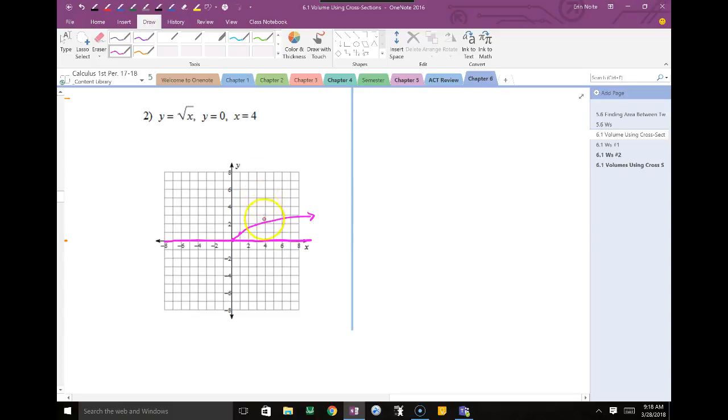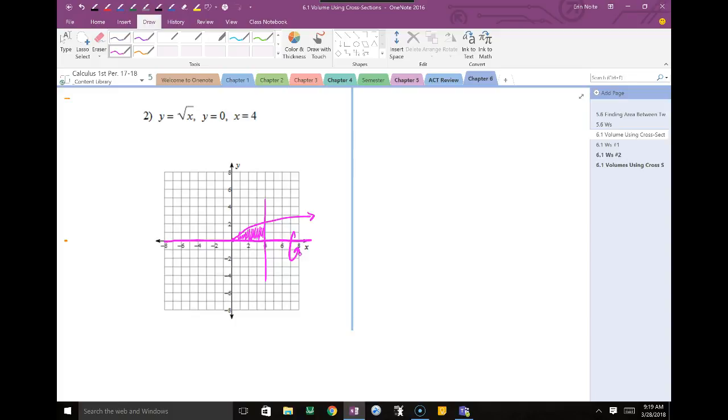A straight line up and down. Okay, so here's our space. That's the space we're going to revolve around the x-axis. There's my space between 0 and 4. We're revolving it around the x-axis. There's our visual.